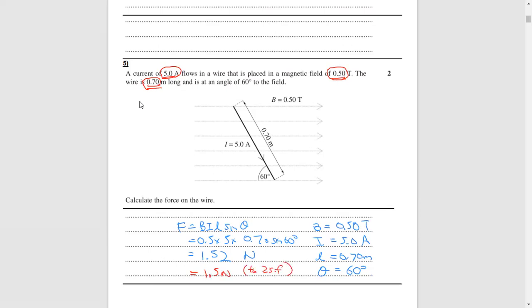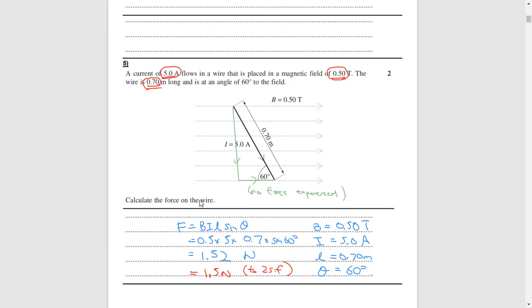All right. Now they've asked you to calculate the force on the wire and not the direction, but we should probably just quickly take a look as well. So we understand that the current is flowing down and to the right. Because the current is flowing down, there is no force experienced in this part.